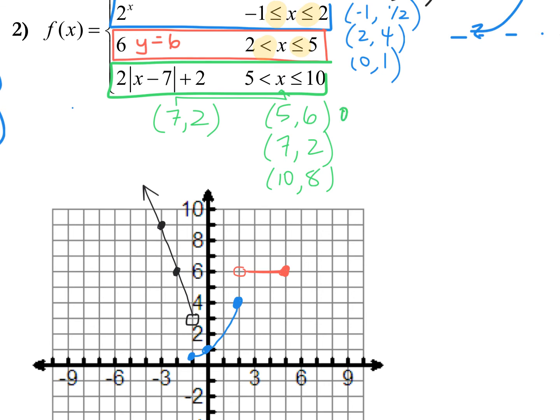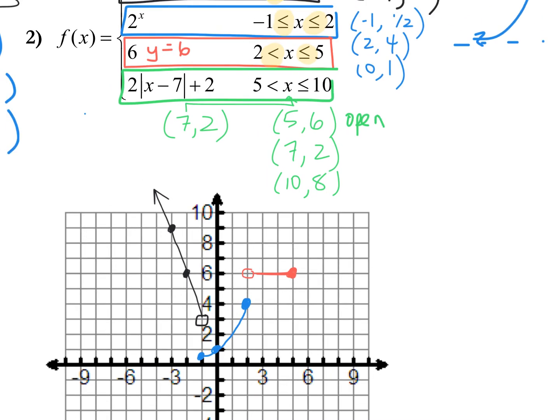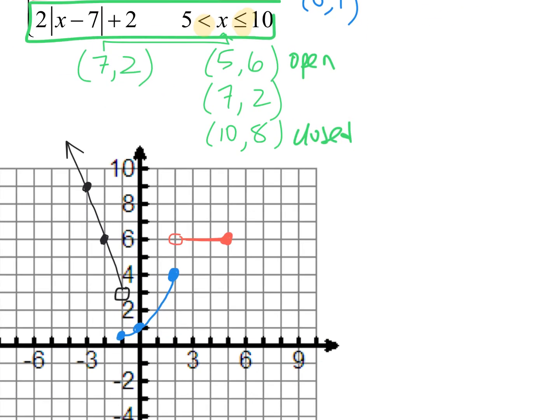This one is open. This one is closed. And that's just, again, because of this and this. Okay, so 5, 6, where's that? 5, 6, open circle. Okay, but it's already closed in, so no big deal. You don't have to erase it. It's closed in by the red part, which means it's open with the green part. 7, 2 is right here.